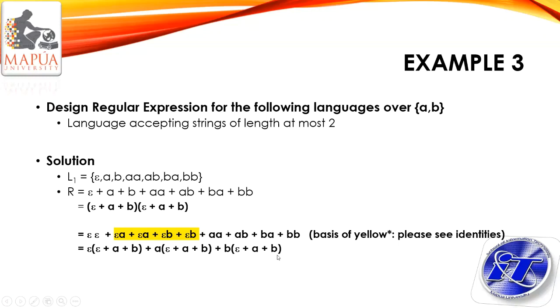As you can see, by introducing epsilon and the redundant terms, we have a common term between the 3 terms, which is epsilon union A union B. So now, if you factor it out, this will be the result, which is the same as this equation. This is acceptable. If you want to have this equation and this solution, again, this is also acceptable. So this is example 3.